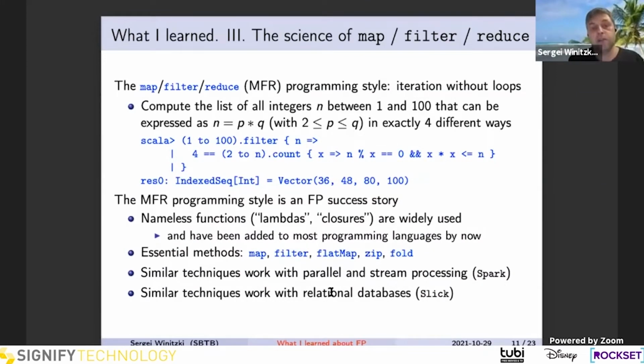Finally, it turns out that the main system behind functional programming is map, filter, reduce. And if you just look at map, filter, reduce, and if you study that, you will be forced into doing all of what I did, all of what I was telling you before, and more. So what is map, filter, reduce?